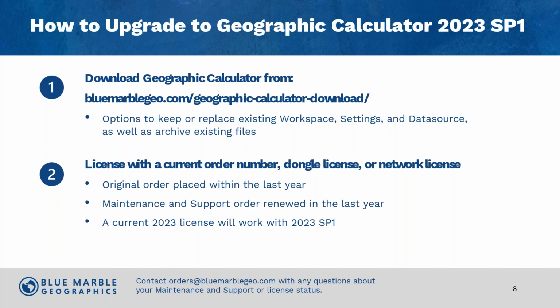What you will get is a new, updated data source with all the new coordinate systems and transformations that have been added since your latest version. So there are some safety measures built in that we've added in the last few years that make it safer and easier to upgrade. Then you need to license, and you can license with your current order number, dongle, or network license. If you have any questions about that, you can contact orders@bluemarblegeo.com and they'll help you out.